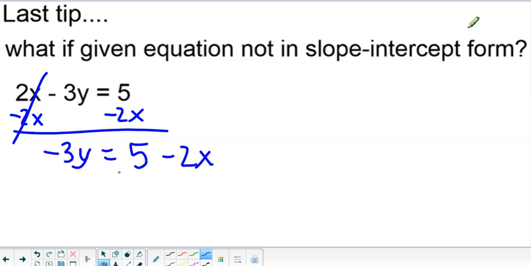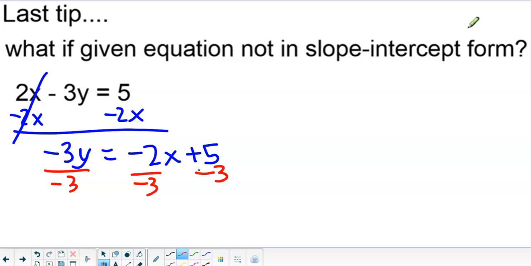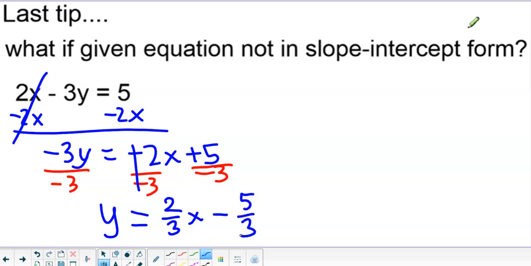You could write it 5 minus 2x, or you could write it negative 2x and positive 5. It doesn't matter because the final step will still be the same. Dividing by this coefficient gives us the sentence y equals 2/3 x, because two negatives when divided make a positive, and then minus 5/3. It sure does look messy, but if we're comparing rates of change, that's the only number we need to look at.